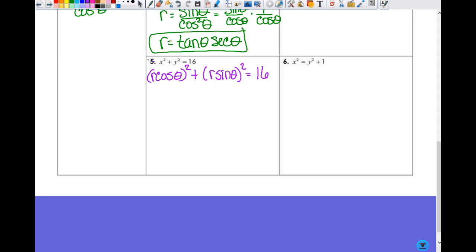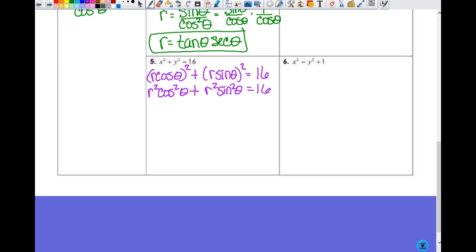It's a circle. It's a circle equation. We learned it in geometry. So this becomes r squared cosine squared theta plus r squared sine squared theta equals 16.